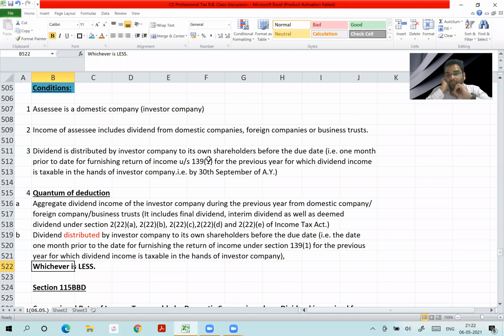In short, in my total income, means taxable income, how much of dividend is included? 10 lakhs. In my total income, 10 lakhs will be included. From GTI, I am getting a deduction of 40 lakhs. So in short, I am paying tax on 10 lakhs.